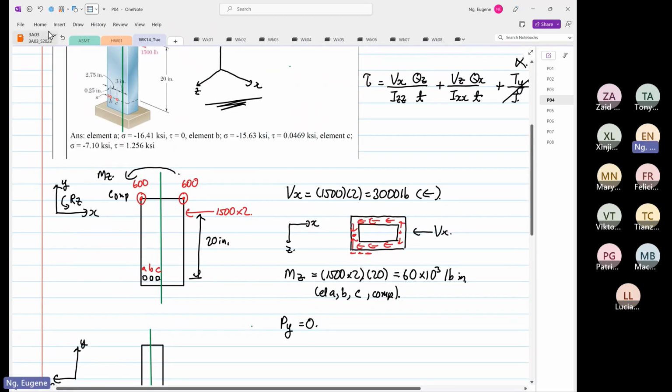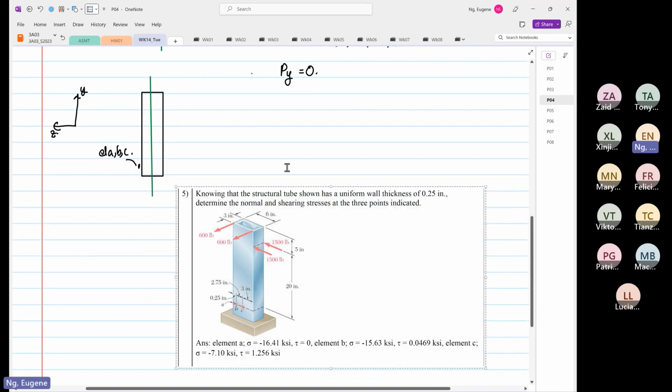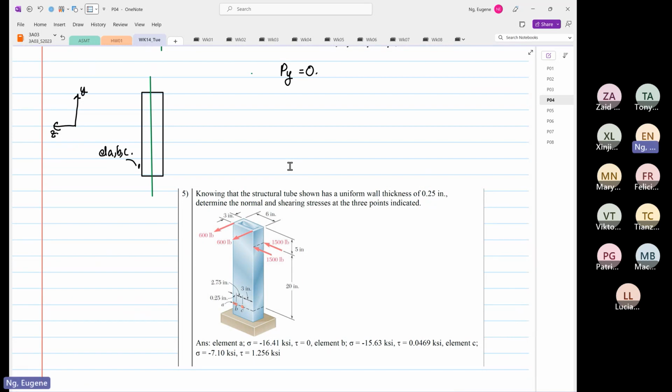Then from here, we know that this is your 600 times 2, and you have your dots over here, and these are your 1500.